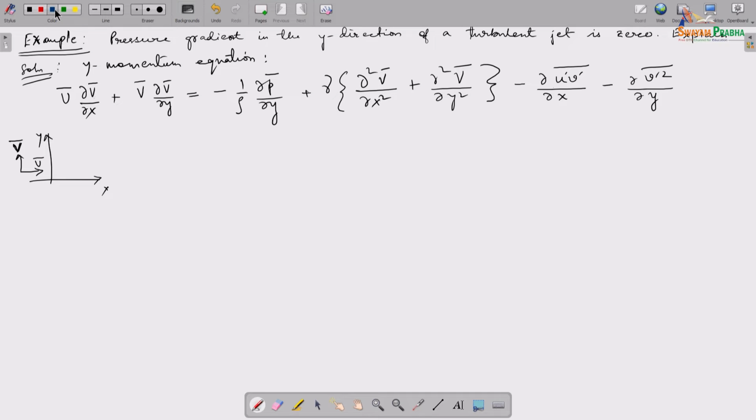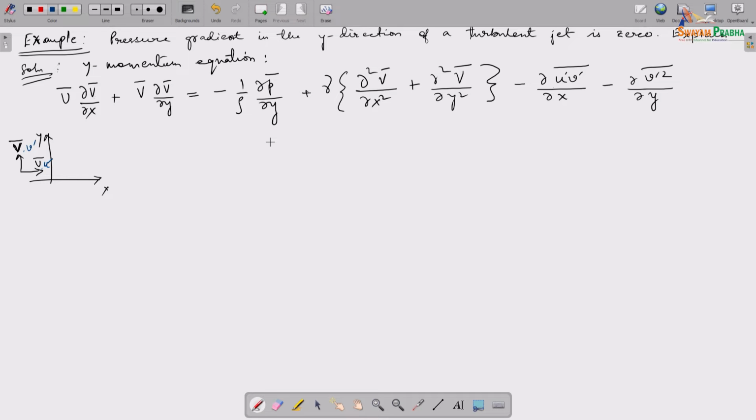And since it's a turbulent flow, by definition, these are the mean quantities, and these are the turbulent quantities. These are velocity components that we are looking at here. Okay. And the pressure also, we take the derivative in the y direction of the mean pressure, right?